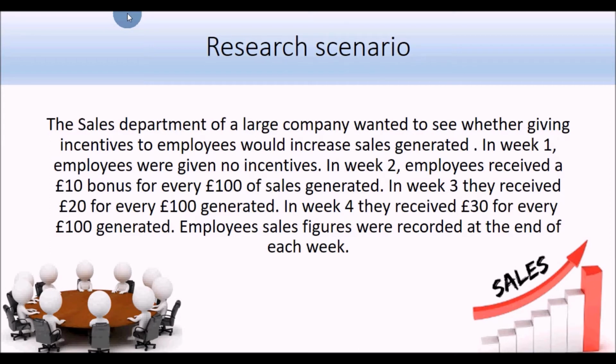In week 2, they were given a £10 bonus for every £100 of sales generated. In week 3, this increased to £20 bonus. And in week 4, they received £30 bonus for every £100 generated. They monitored the sales figures per employee each week, recorded what they'd sold at the end of the week.